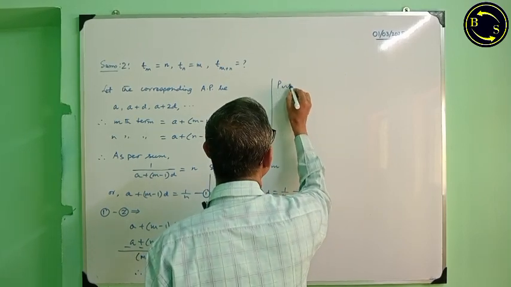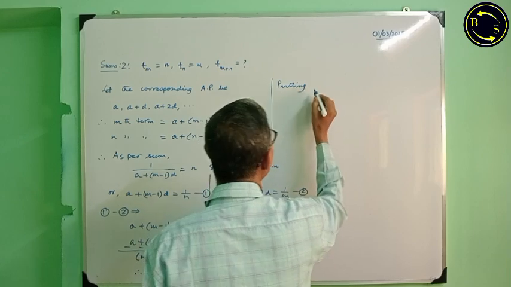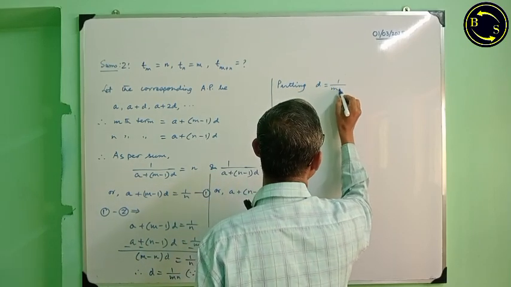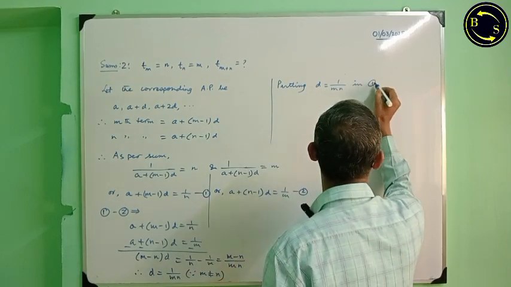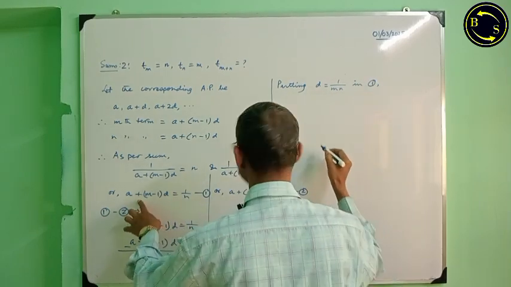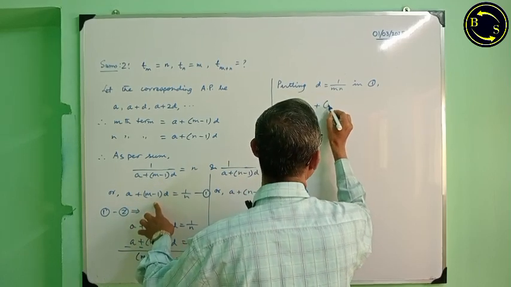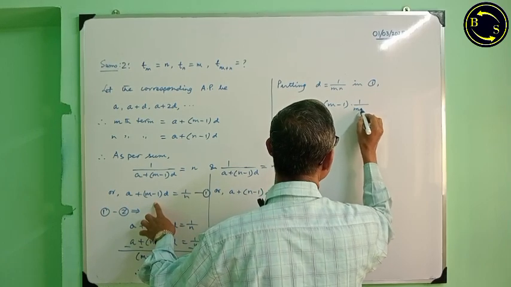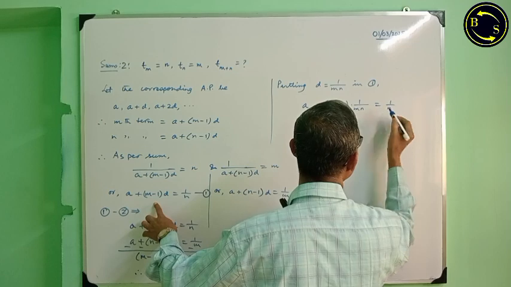Putting D is equal to 1 by mn in 1, A plus (m minus 1) into 1 by mn is equal to 1 by n.